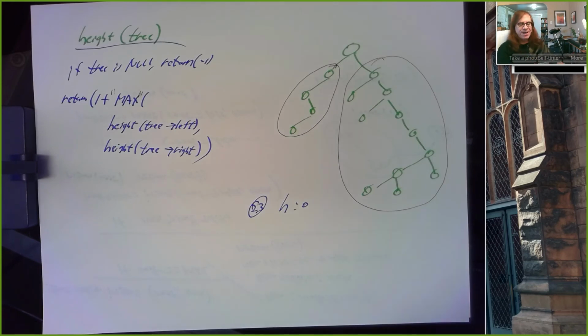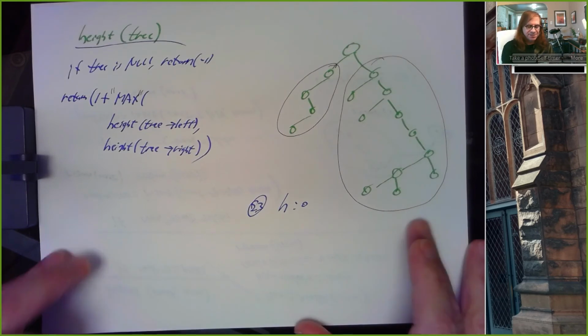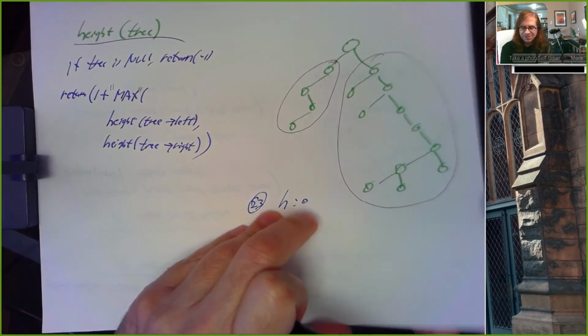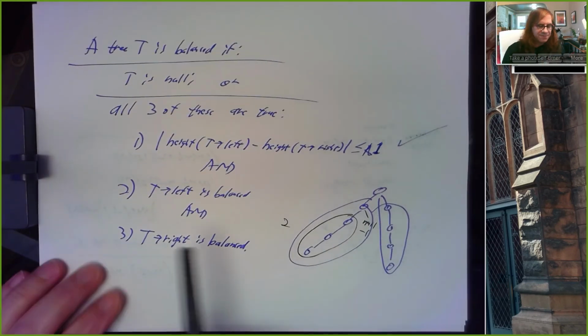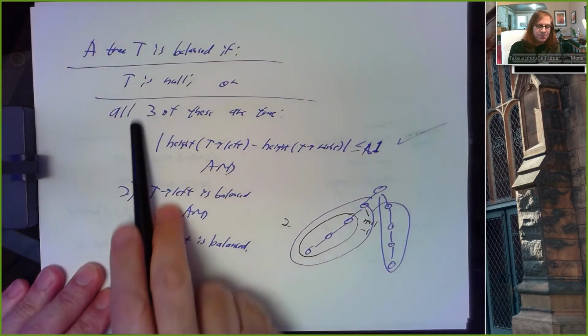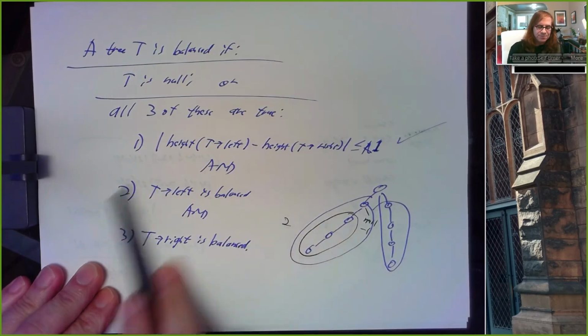All right, and balance, right? Balance we talked about last week. It's actually defined recursively. So your tree is balanced if either the tree is null or all 3 of these things are true, right?